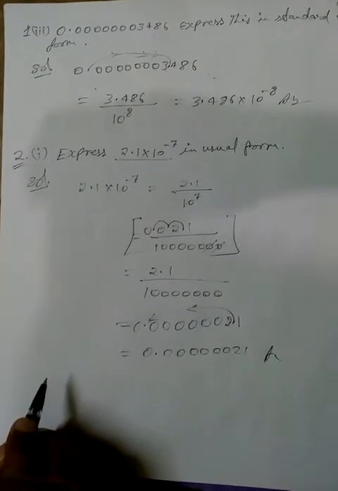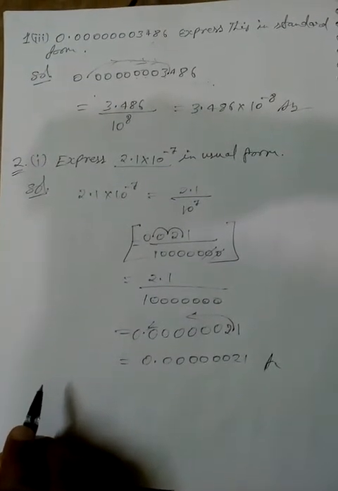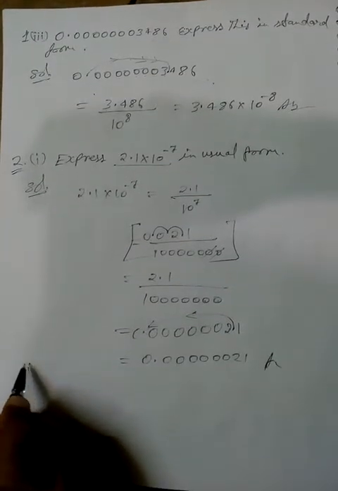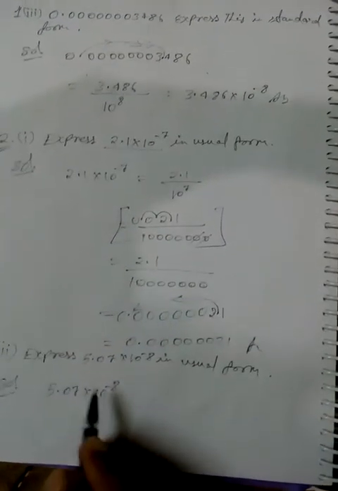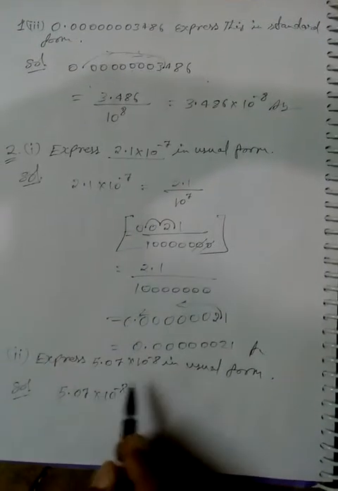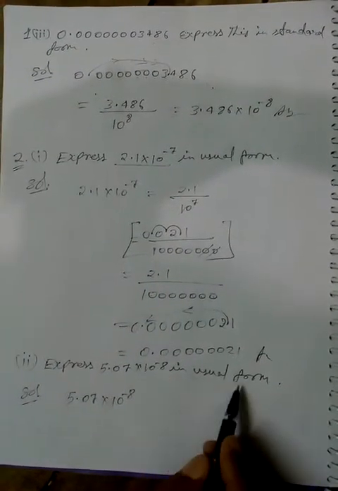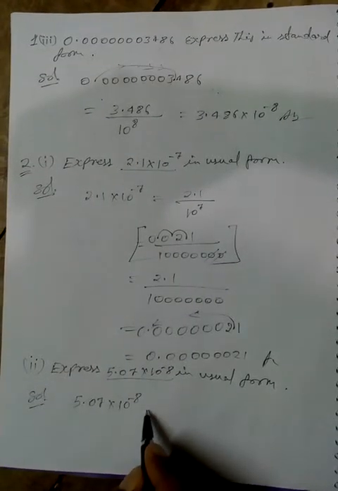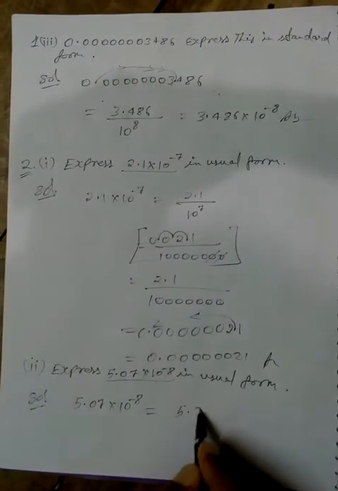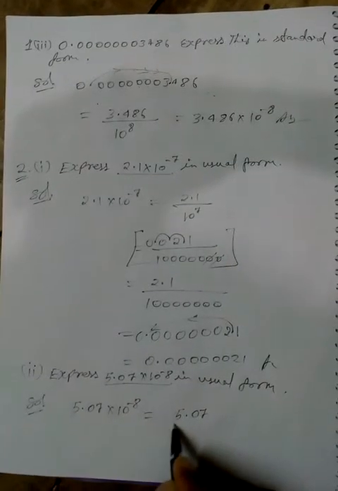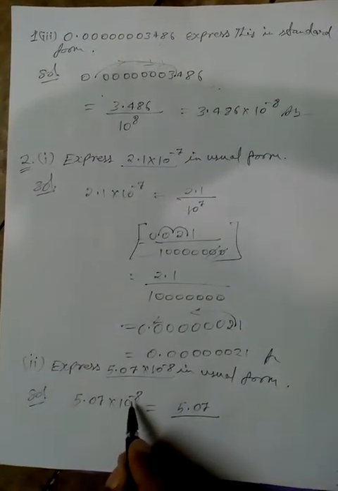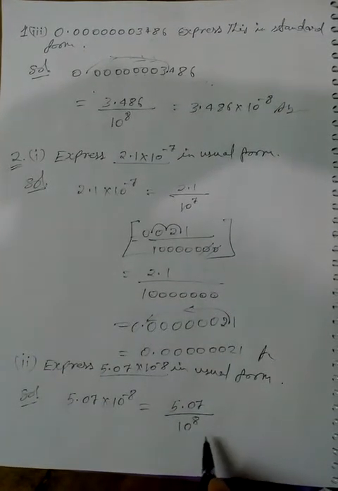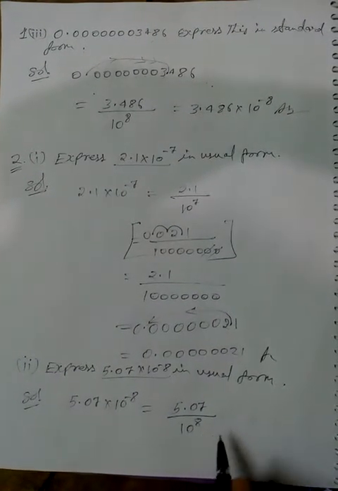The next question I'm going to do is the second part of this question. Express 5.07 into 10 raised to the power minus 8 in usual form. First I will write this one here, then I will write 5.07 upon 10 raised to the power 8, changing this minus 8 exponent into positive.